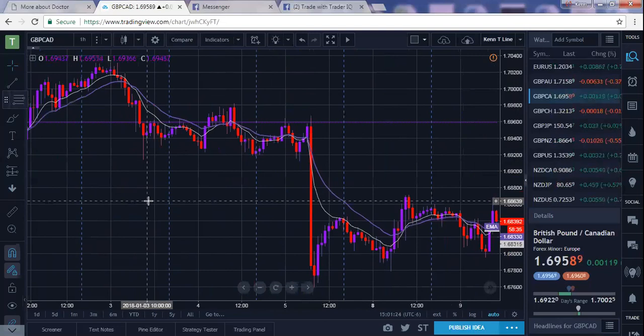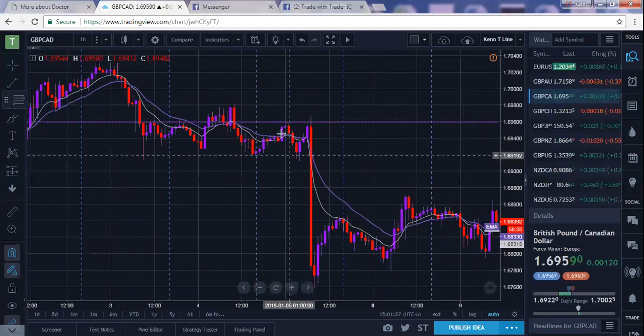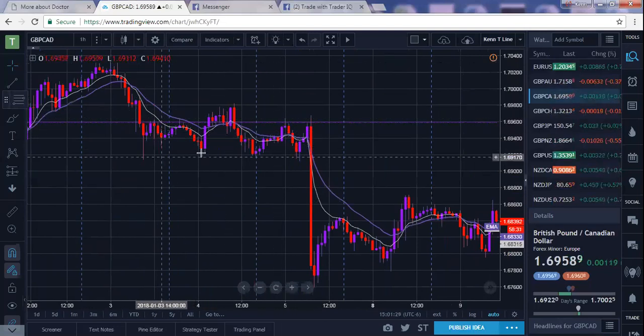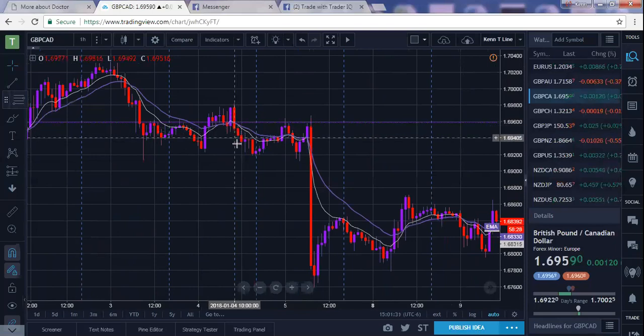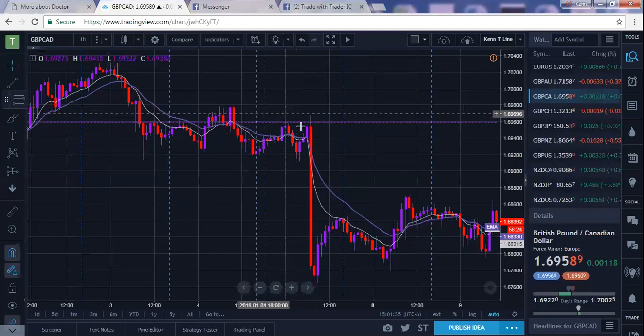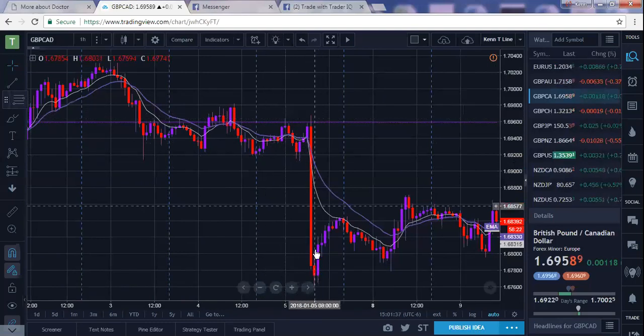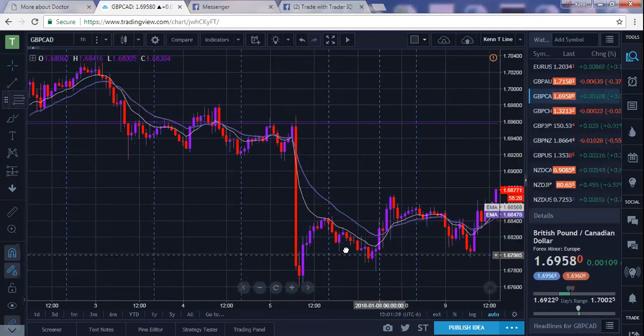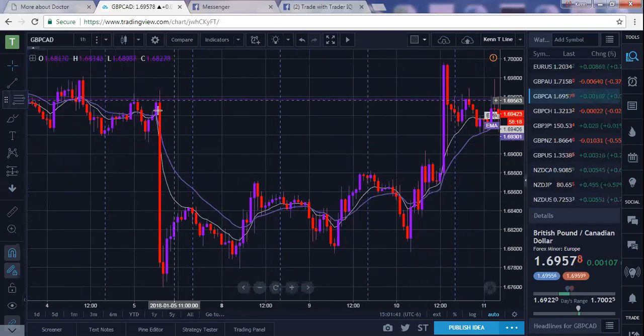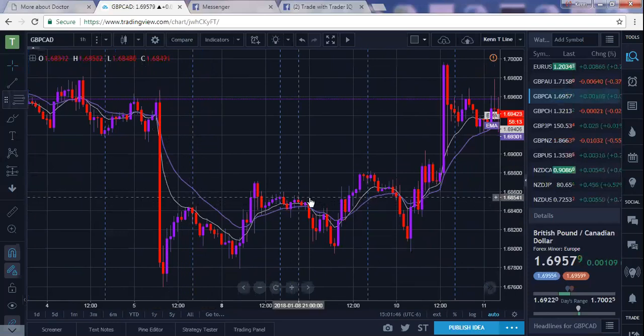So I took a crossover trade right here, entered in the market, put the stop here. Just takes me out, then shoots down. I was so pissed off. I remember that. Oh man, I would have easily made a nice win off this in just a few hours.